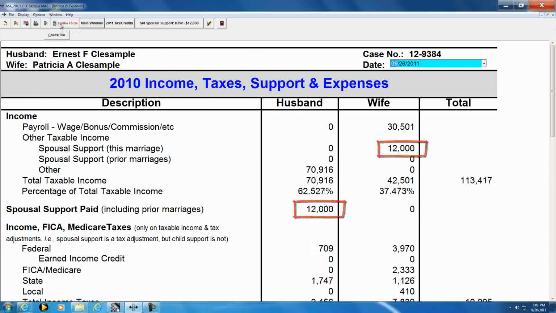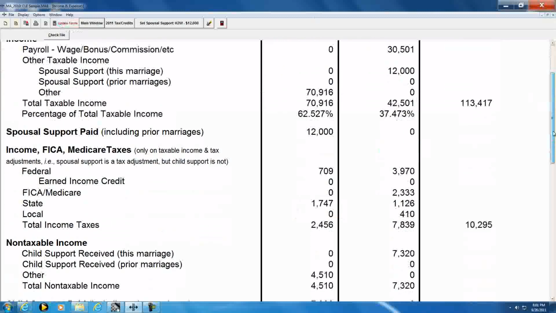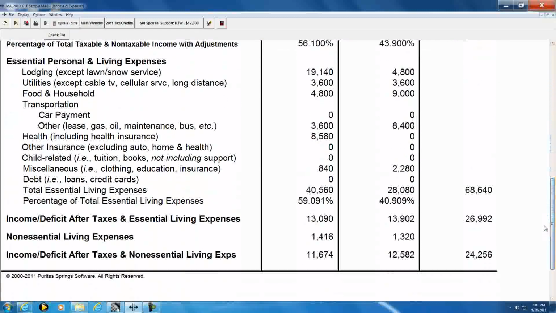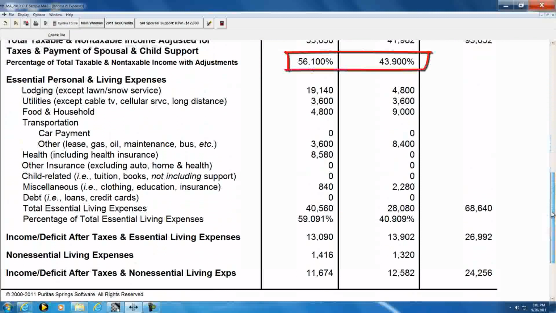If we scroll down on the ITSE form, we see that even at $12,000, the parties can still meet their living expenses quite handily. Notice that the income equalization has shifted a bit from 56% for the husband to 43% for the wife, but both parties are able to meet not only their essential living expenses, but also their non-essential living expenses as well.